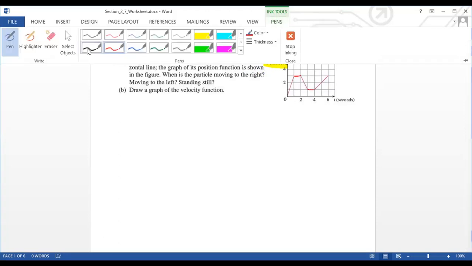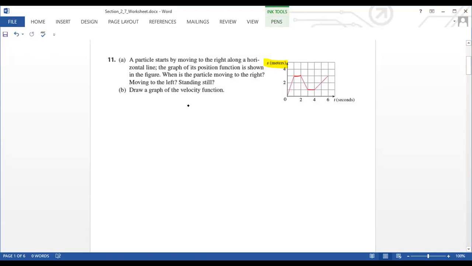Now the first thing we want to see is when the particle is moving to the right, when it is moving to the left, and when it stays still.